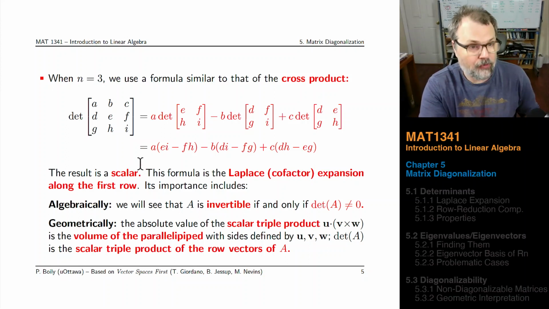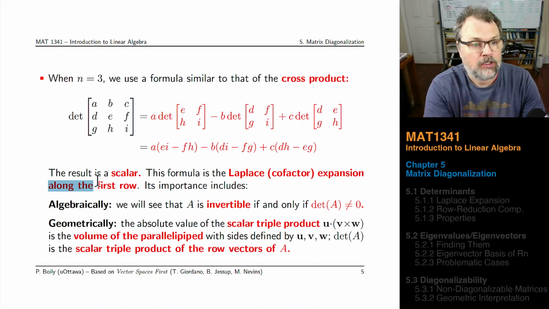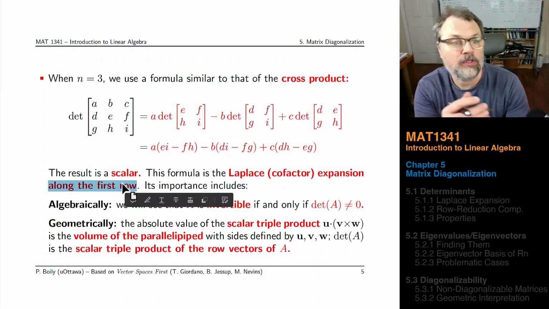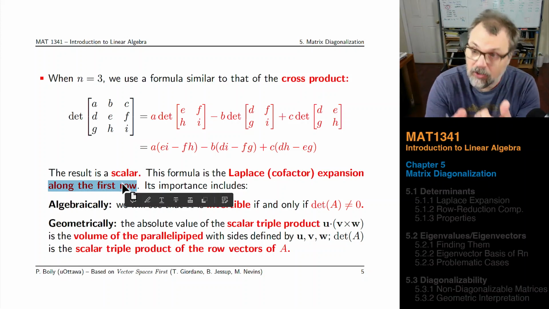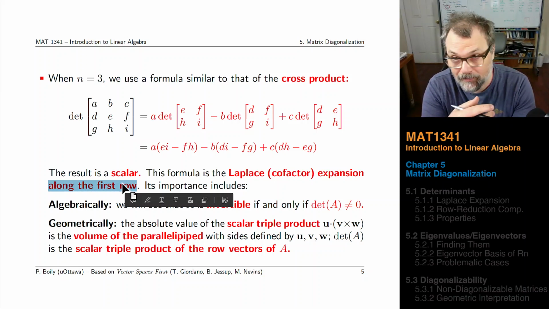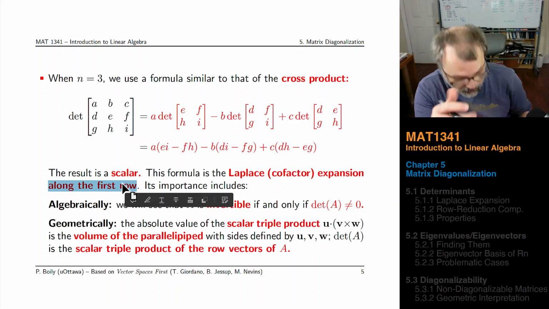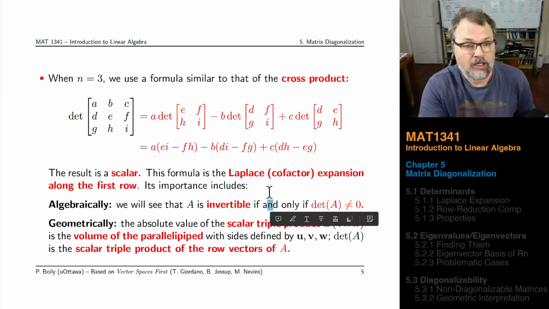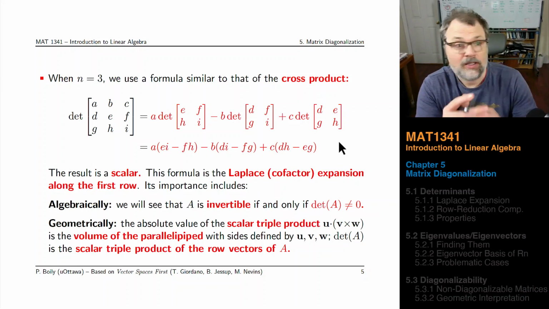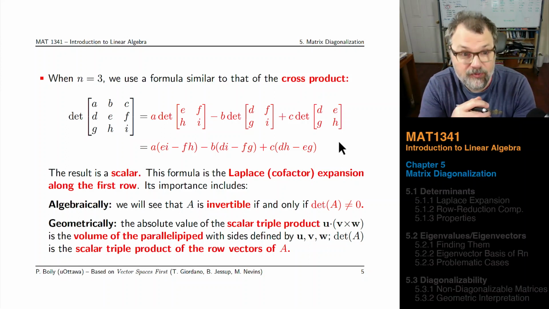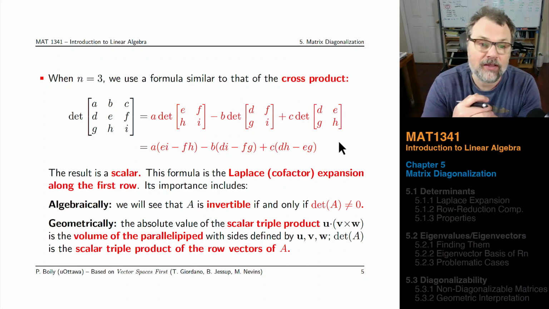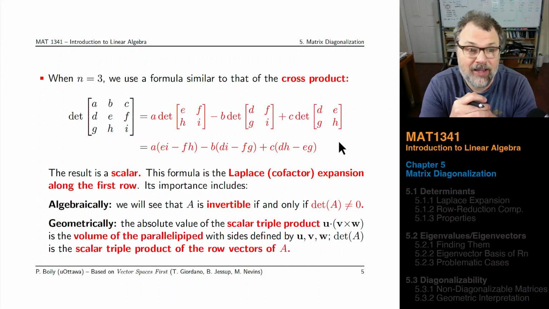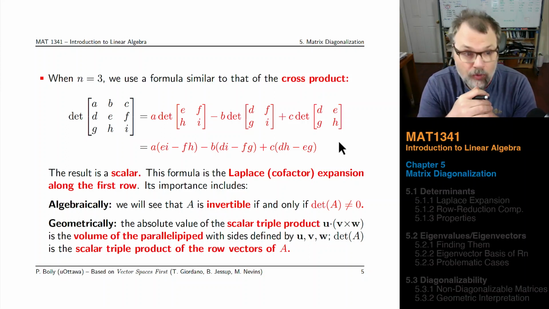The 'along the first row' bit should tell you that there could be different ways to do this. You can do it along the second row, along the third row, along the first column, second column, and third column as well. So there are many different ways to compute the determinant. The nice thing is that it doesn't matter what row or column you've picked. If you do your computations properly, you will always get the same result. So the Laplace expansion is invariant on the choice of the row or the column.